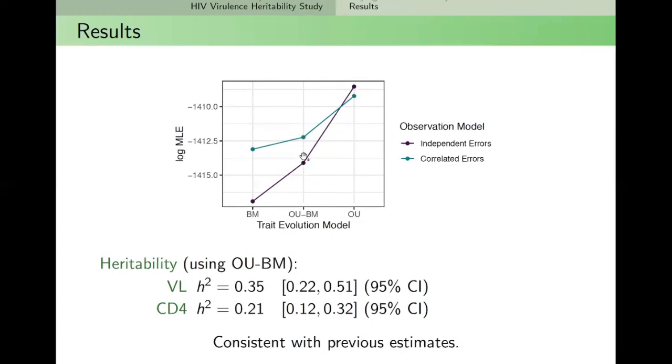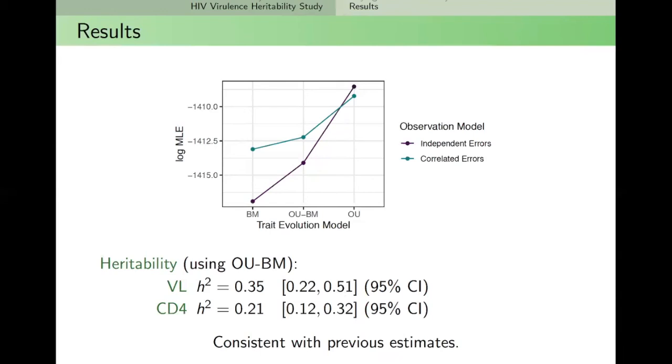And so if you do select this model, you can look at the heritability estimates, and they are somewhat in line with the literature, although a little bit higher than what you would expect, and with kind of wide credibility intervals here. And this result was really surprising.